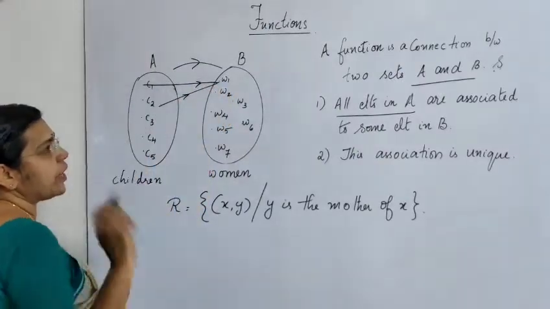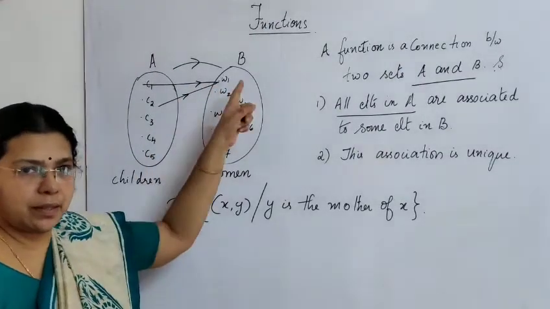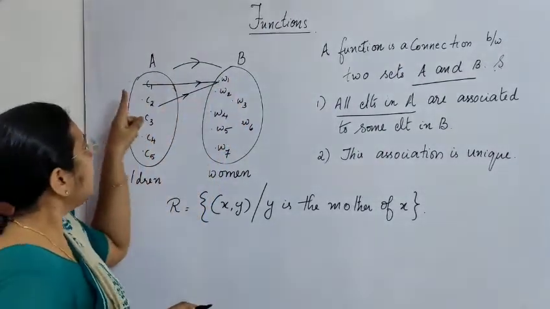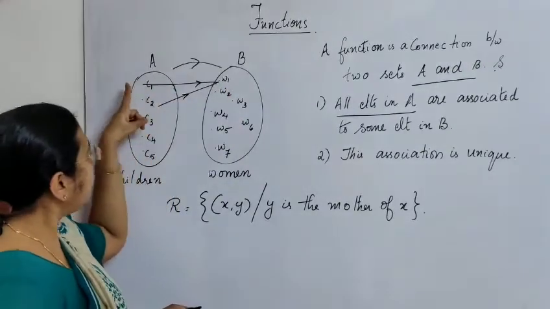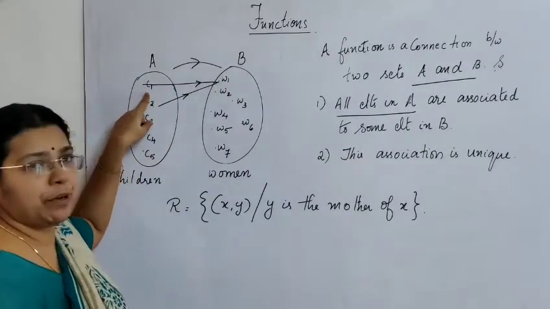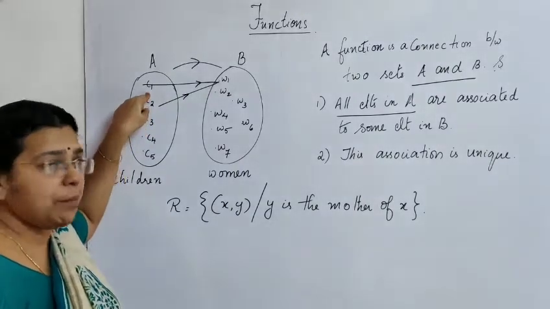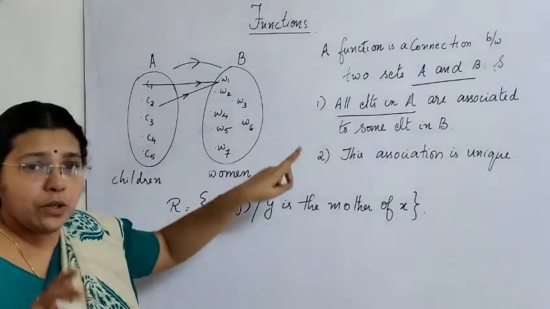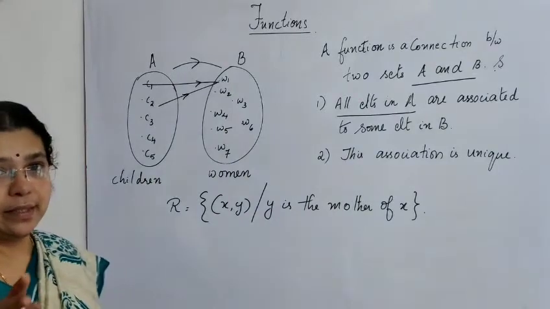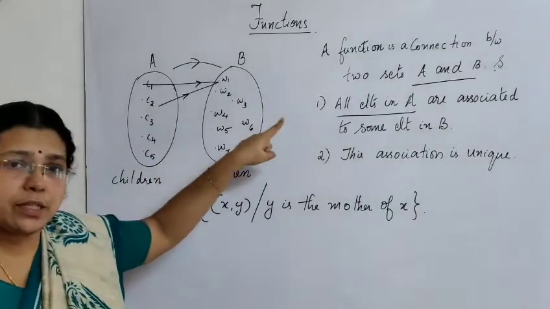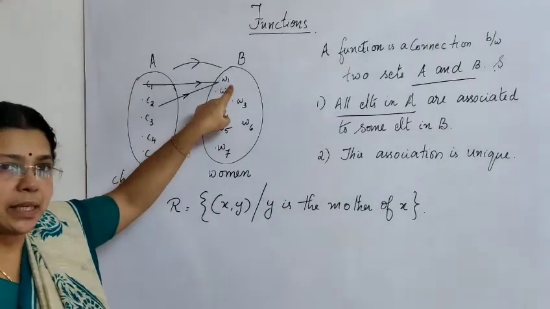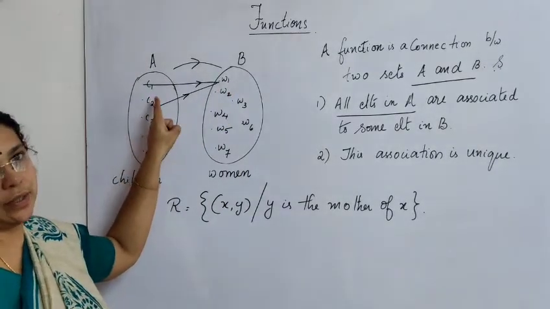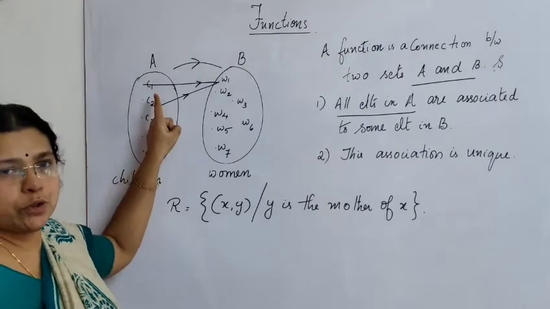This child also can be associated to this mother, right? But a single element from here cannot be associated to two mothers. One child cannot be associated to two mothers, but a mother can be associated to two children, right? A mother can have two children.